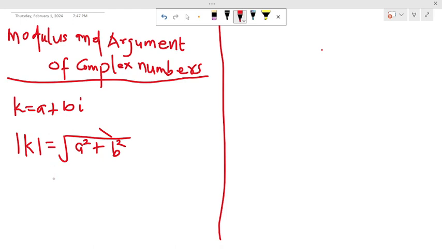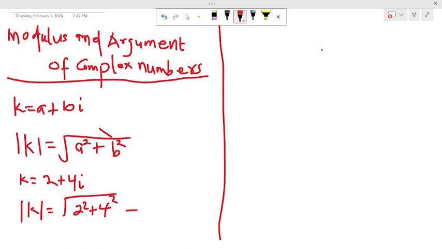Let's try our hands on an example. For example, if k is equal to 2 plus 4i, then its modulus, magnitude of k, is equal to root of 2 squared plus 4 squared, which is going to give us root of 4 plus 16, which gives us root of 20.